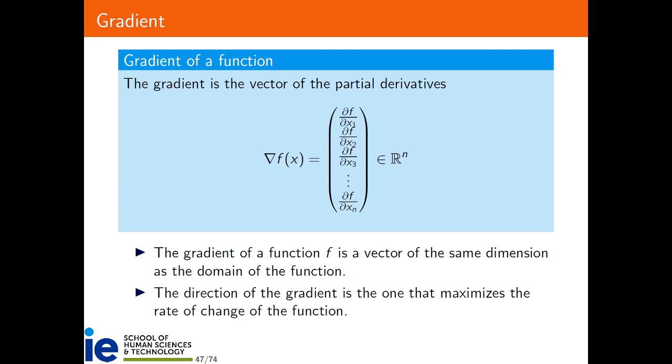The gradient is the vector where I store all the partial derivatives, all derivatives with respect to each variable of my problem. So if, for example, I have a function of x and y, the gradient is going to be a vector with two entries, the partial derivative with respect to x and the partial derivative with respect to y.